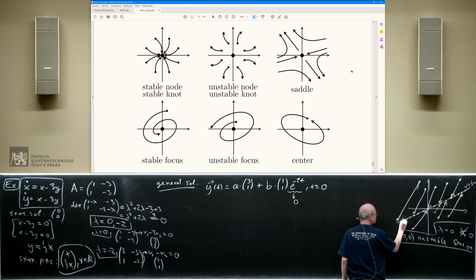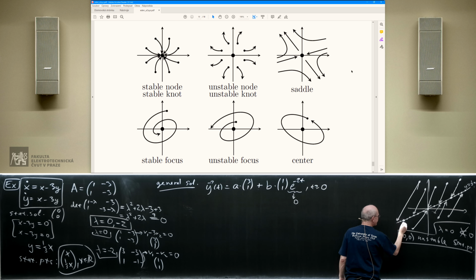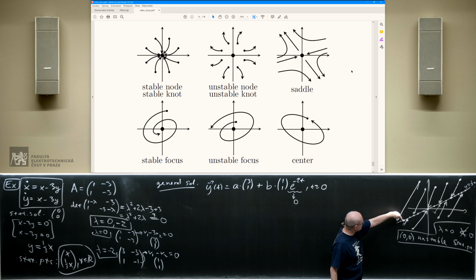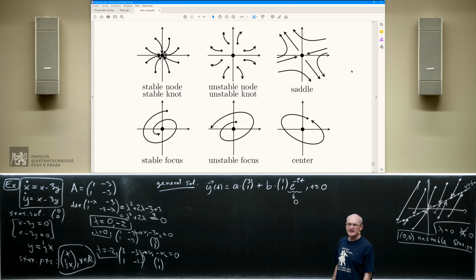If I start at this stationary solution and I displace my location, or let's say the bug is sitting here, and I displace the bug, then it will go in the direction 1, 1, which brings that bug to this location. Not here, but to a different place. So also this guy is unstable. All these stationary points are unstable.